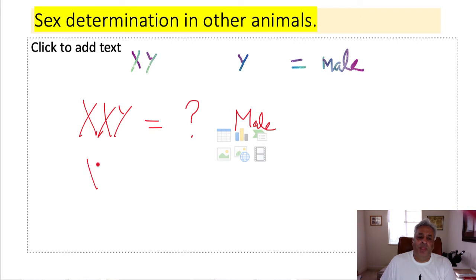How about this? And the 0 represents a missing chromosome. So when you see a 0 in a genotype, that means that chromosome cannot be found, it's missing. So in this case, that baby will only have one sex chromosome, and it's an X. Remember the rule, you must have a Y to become a male. So this individual will be a female by default, right?